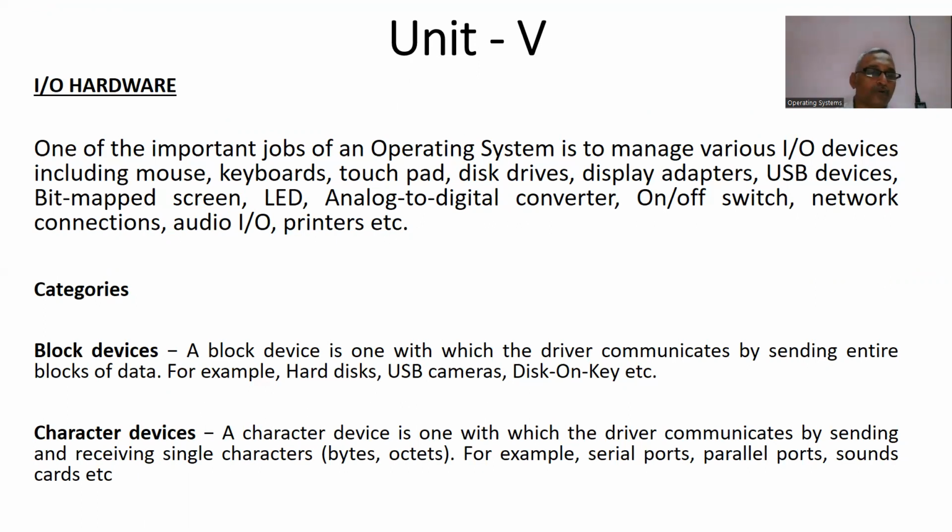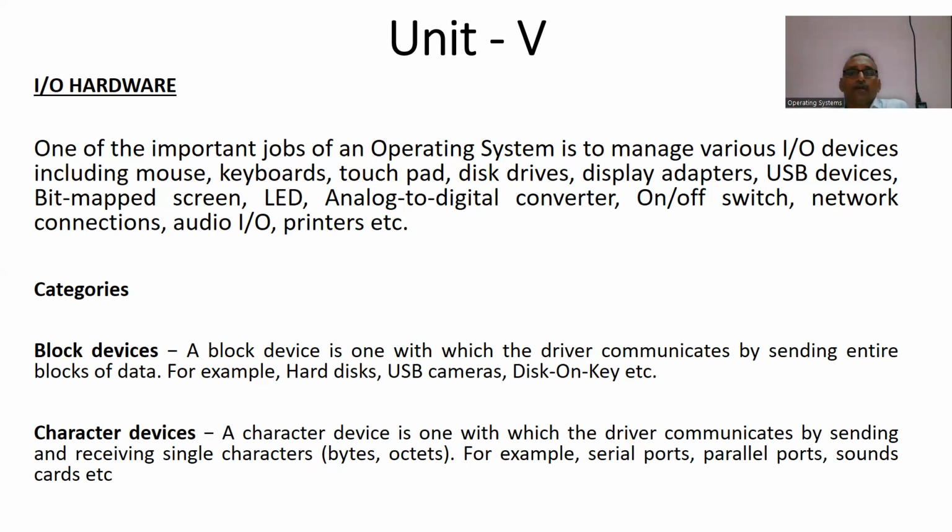Input output devices can be divided into some categories: block devices and character devices. A block device is one with which the driver communicates by sending entire blocks of data.